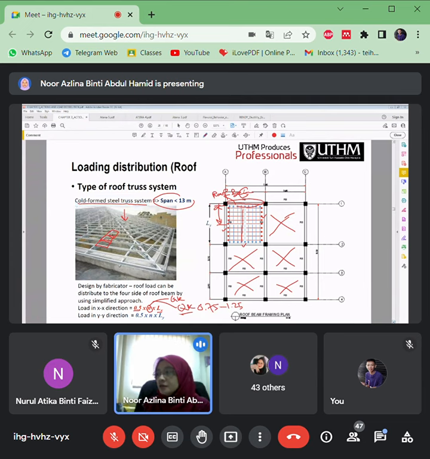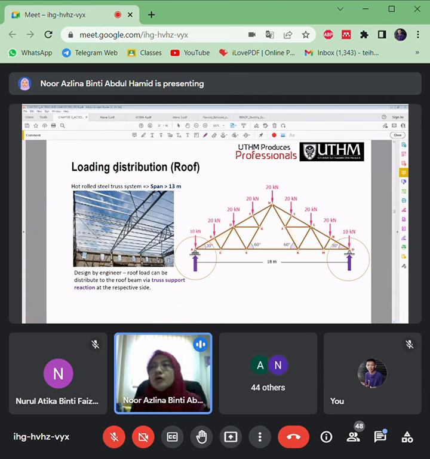Then for the hot rolled steel truss system, which has a truss system here, that means the load will be pointed at the columns, or if the frame is arranged on the beams, it will be pointed at the beam here.